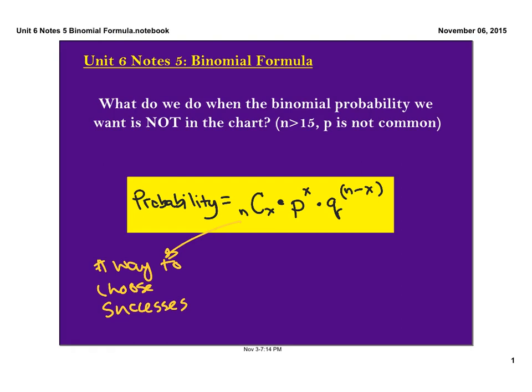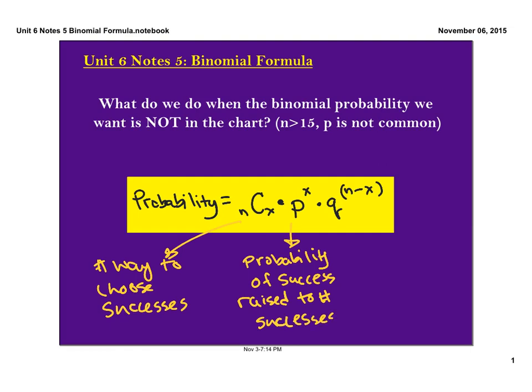This middle piece is the probability of success. But we can't just consider the probability of success here, and it's raised to the number of successes. That's what's happening. So it's kind of like taking all those successes and multiplying them together.